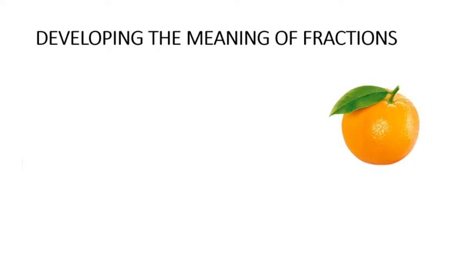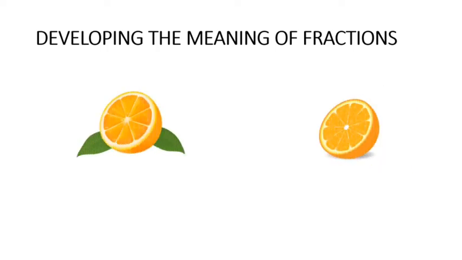If I were to share or divide this orange equally between the 2 of them, then they will also get an equal portion of the orange. We also call this portion 1/2 and the other portion 1/2.